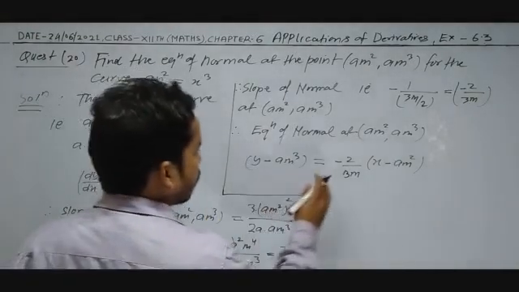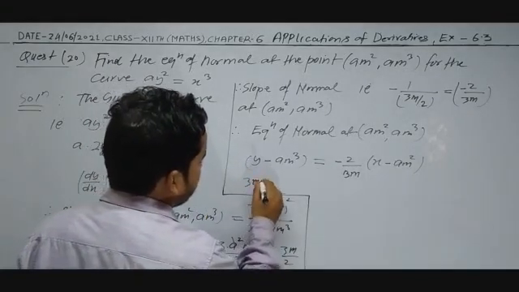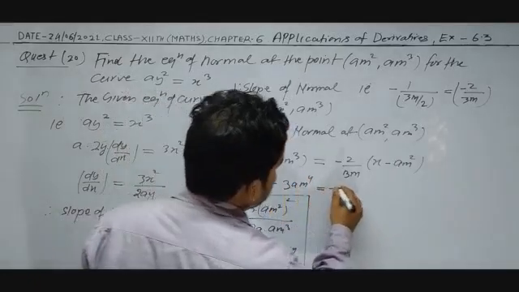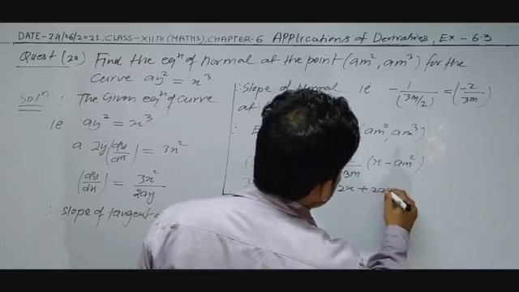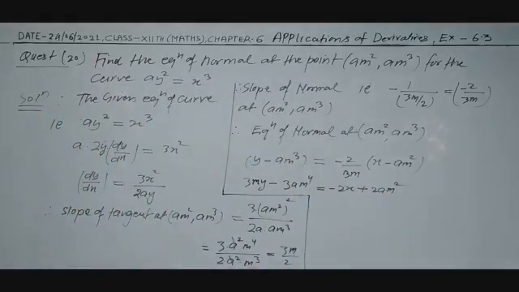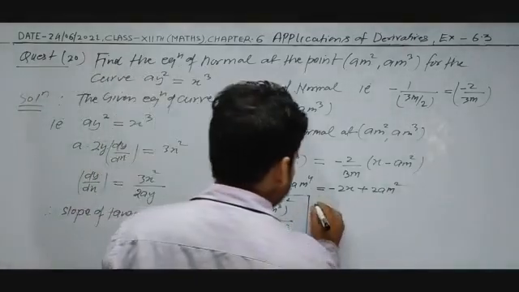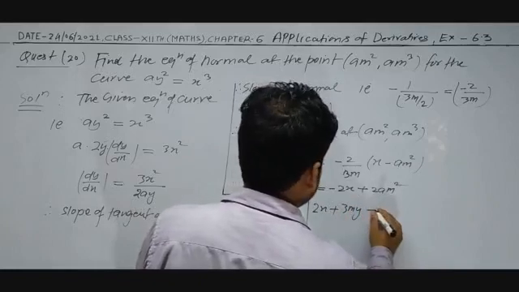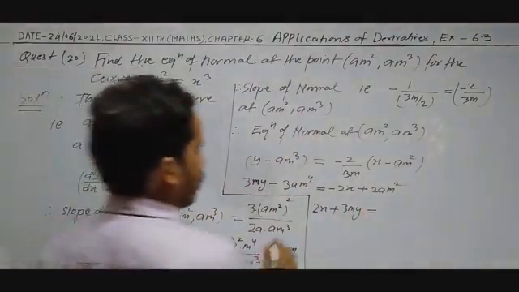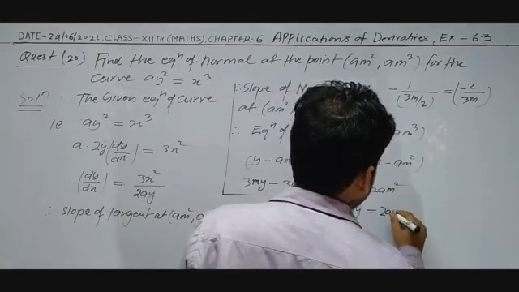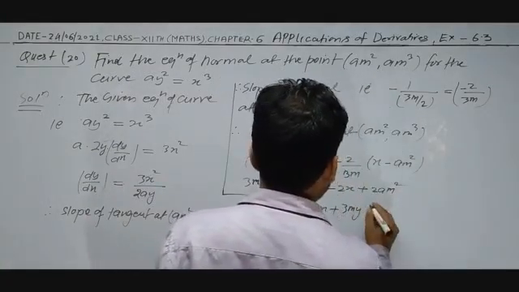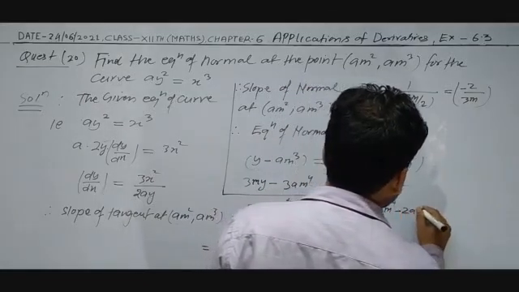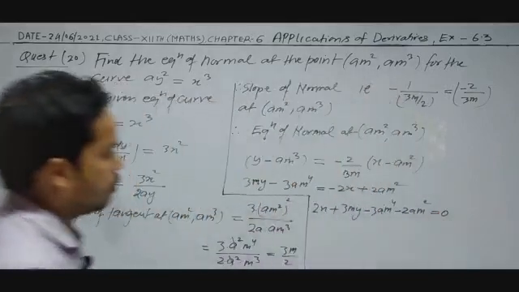Then simplify. 3m will multiply, meaning 3my minus 3am to the power 4 is equal to minus 2x plus 2am square. So what will be the result? 2x plus 3my minus 2am square minus 3am to the power 4 is equal to 0.